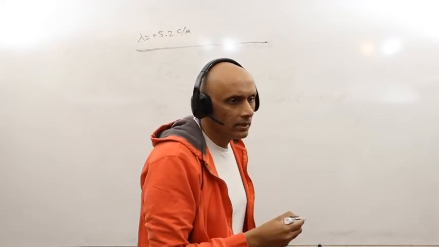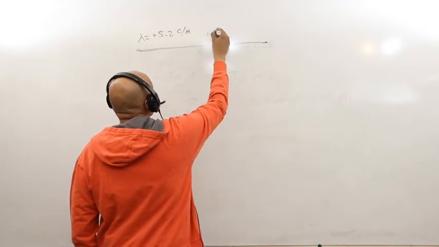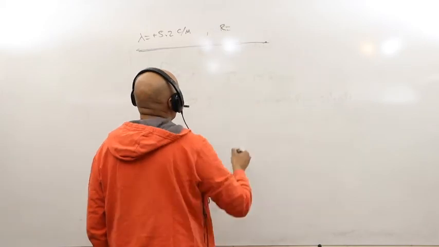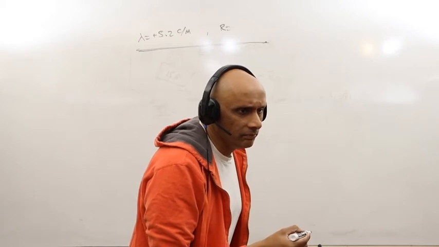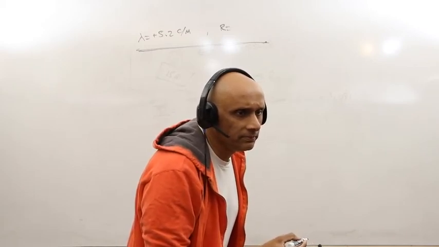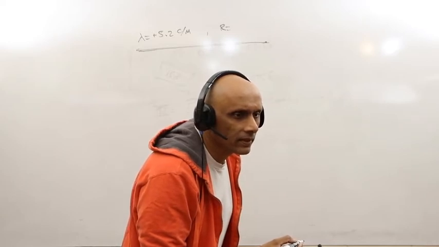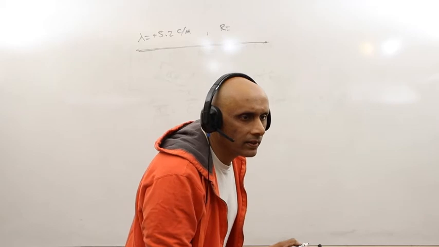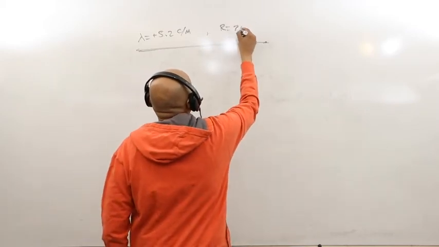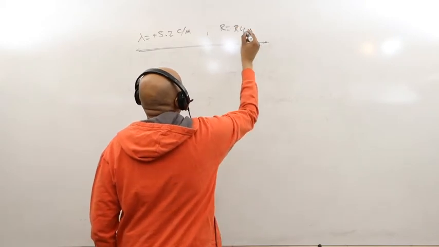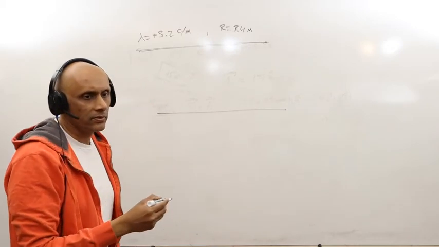We're at a distance, let's call it r, and r is given by 3.4 meters. Sorry, my eyesight's not that great. So here's our wire. Find the electric field at a distance of 3.4 meters.